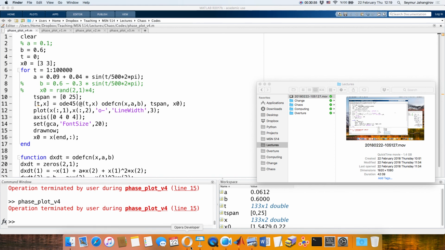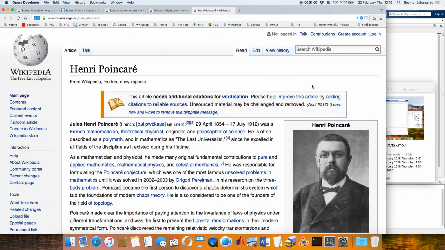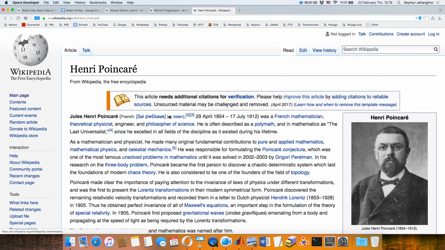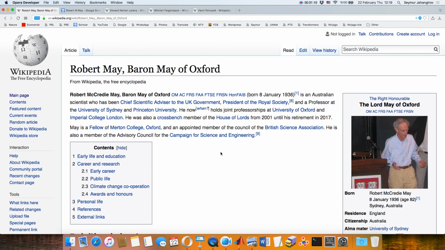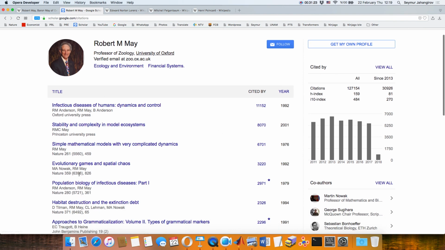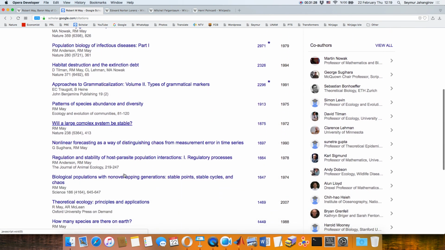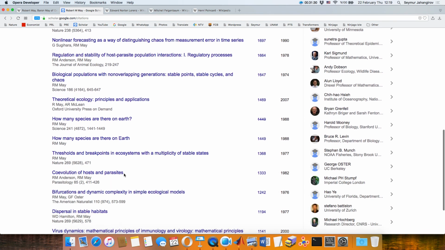What is coming next is that we will start looking at, well, this is our Poincaré. By now you all like him. We will look at the amazing discoveries of Robert May. He's still alive. And you can see that he is, I mean, nature, nature, nature, science, science, nature.